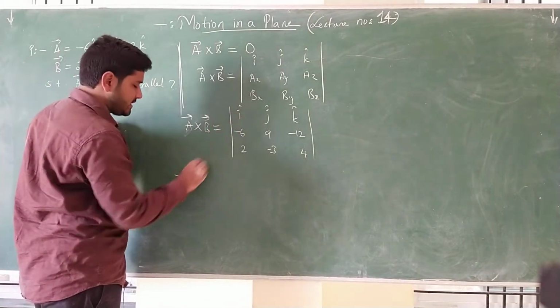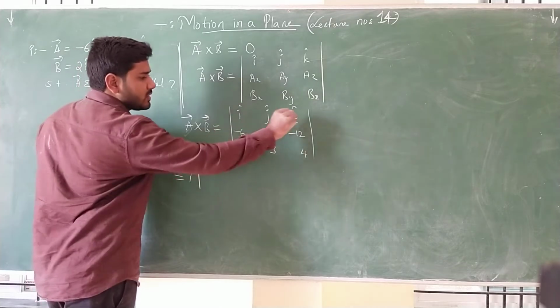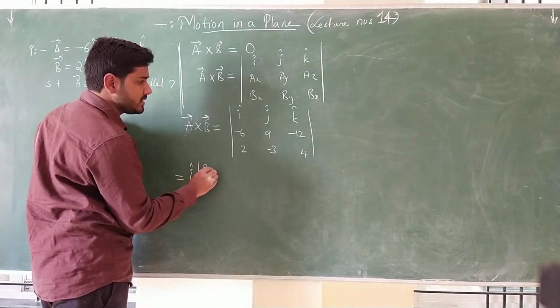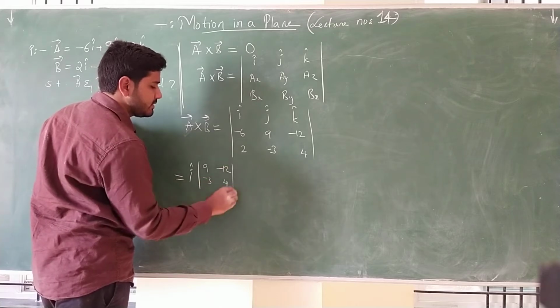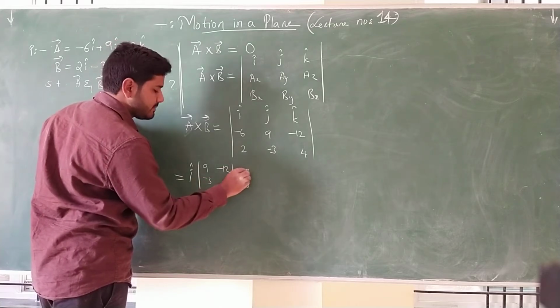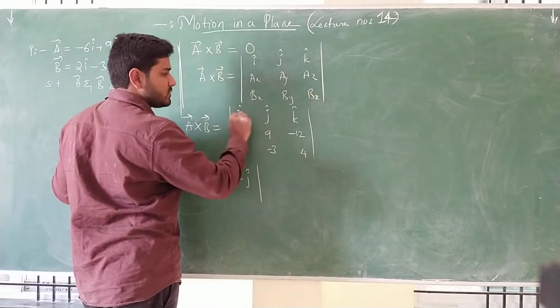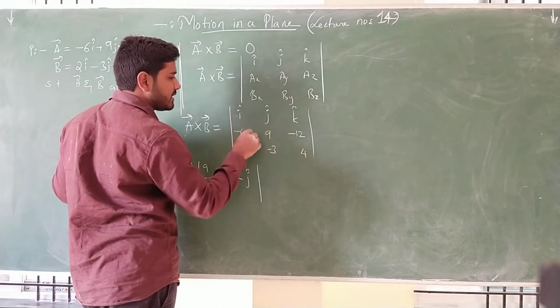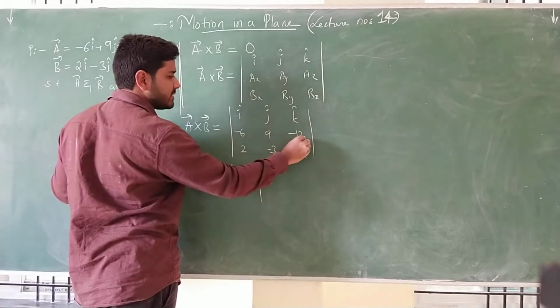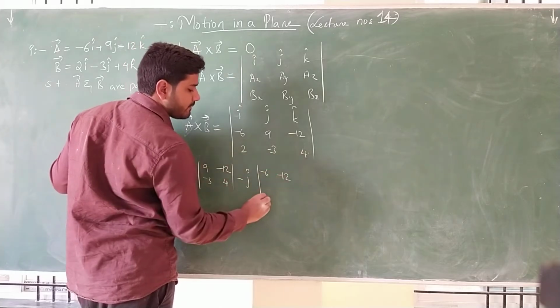So first write down i cap into: leave the row and column of i cap, and write the rest: 9, minus 12, minus 3, 4. Then minus j cap: for j cap, leave its row and column and write the rest: minus 6, minus 12, 2, 4.